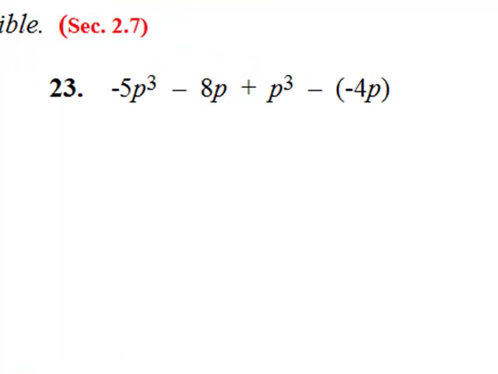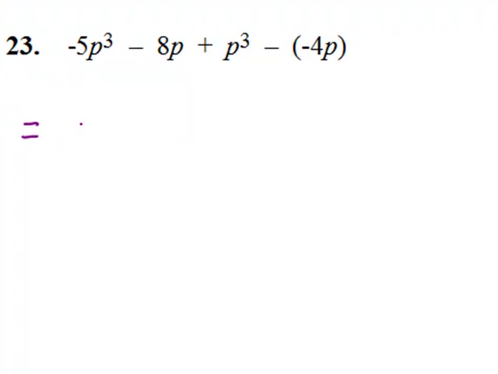For number 23, we have some terms that have p cubed and other terms that have just p. So we're going to do two things at the same time here. We're going to get the p cubes together, make that a negative 5 p cubed, plus, and I'm going to write this as 1 p cubed, even though we don't see the 1 there, it certainly is multiplied by 1, and then minus 8p.